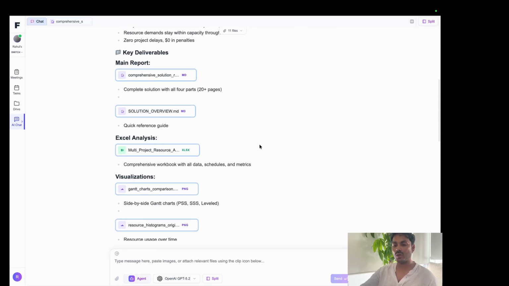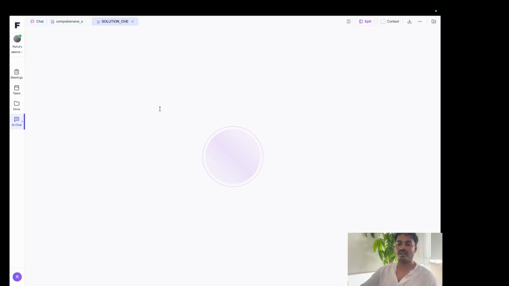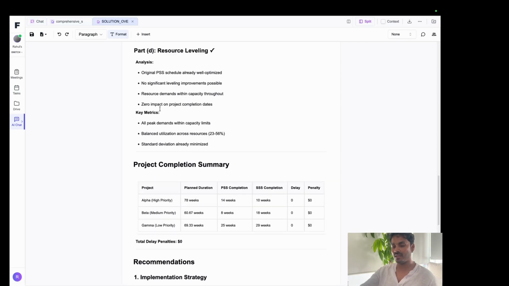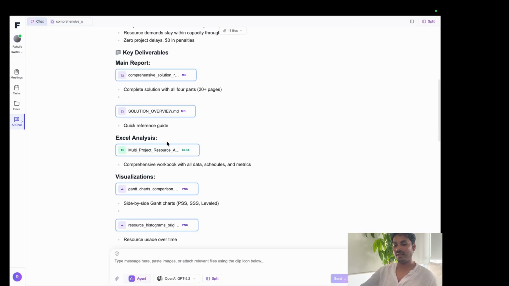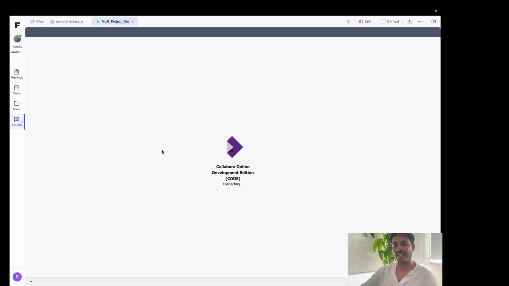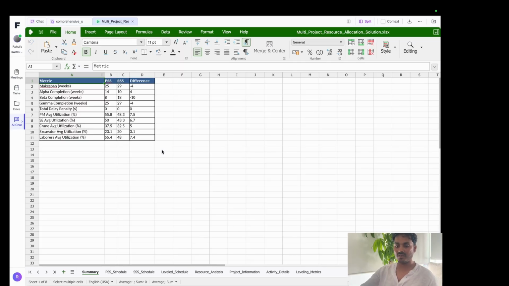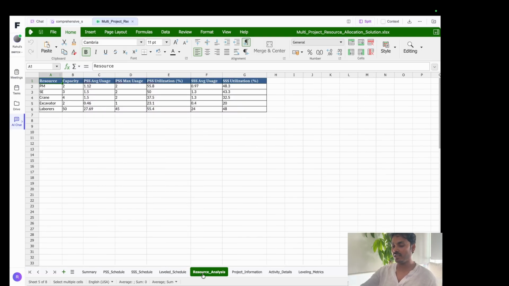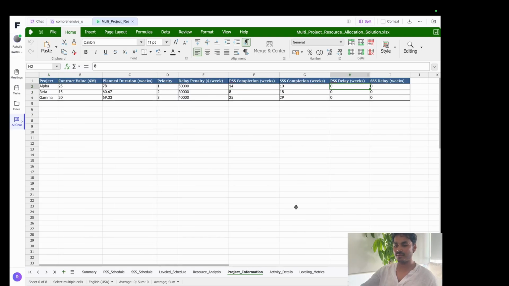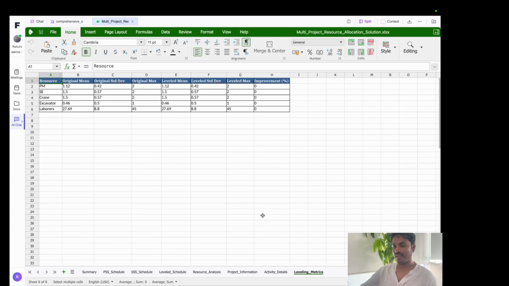And it has not only delivered the answer, it has written multiple files with different kinds of solutions. It has written the Excel analysis, so it has given us the Excel model for it. If I look at the Excel model, it's built really well. It has built tabs for resource analysis, project information, activity details, leveling marks and all those, so I can readily use that in my project.